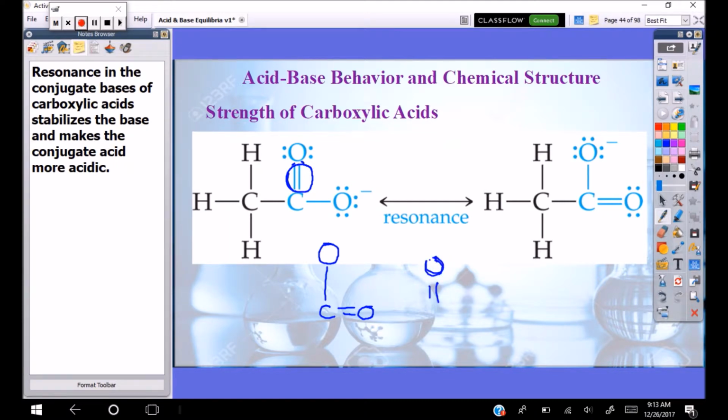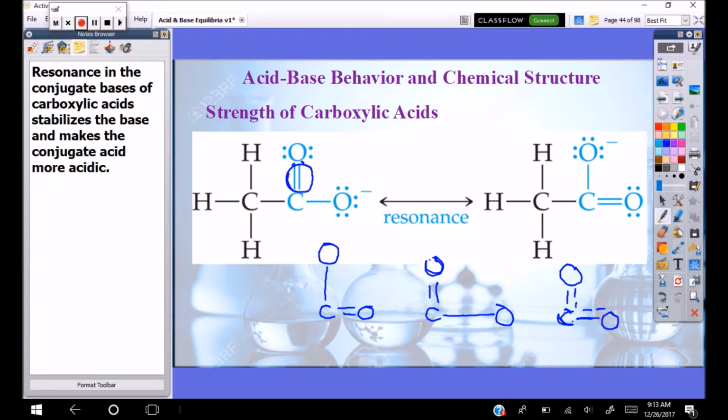If I have two structures like this, but they're actually just the same, my true structure is a hybrid of those, where the bond lengths are somewhere in between.